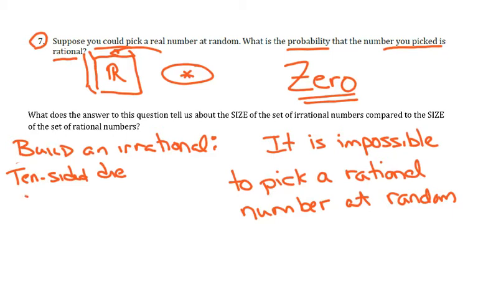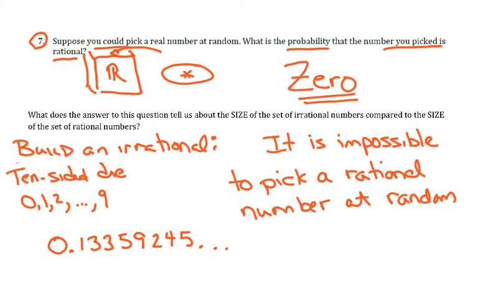So it has digits 0, 1, 2, 3, all the way up to 9. And you're going to build this irrational number by rolling the die. So maybe you roll a 1, then a 3, then another 3, then a 5, then a 9. And you keep doing this forever.